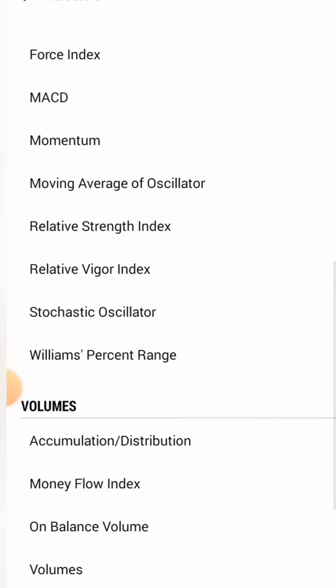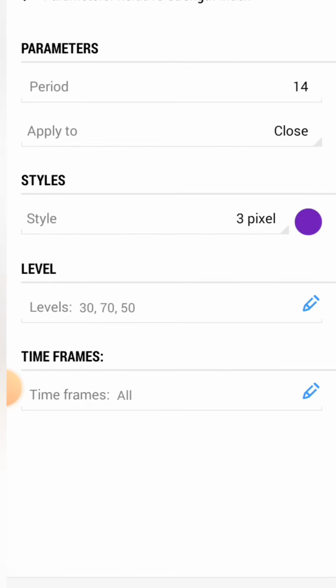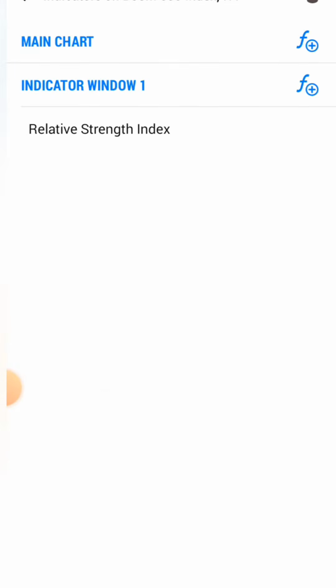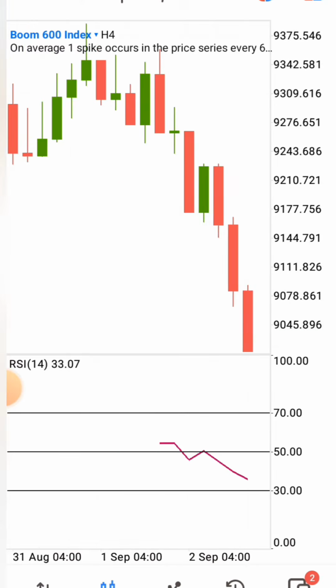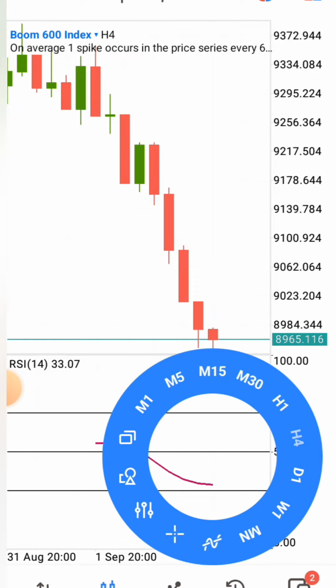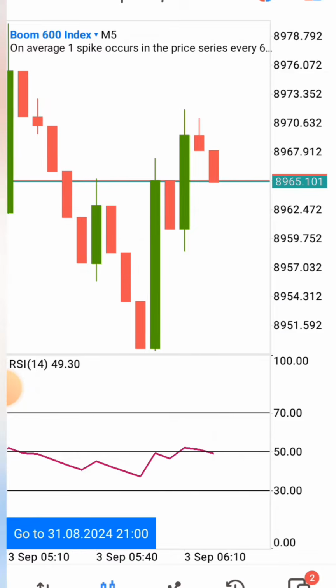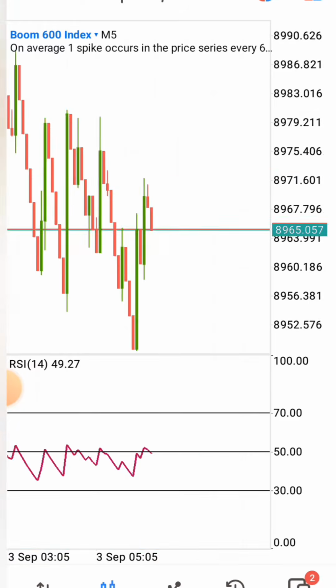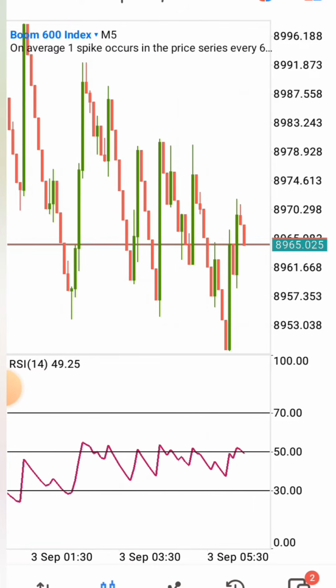Now, when you talk about relative strength index, by default we have 14. Look at this. Without talking much about this, you can see clearly the divergence and the movement of the market in this place.